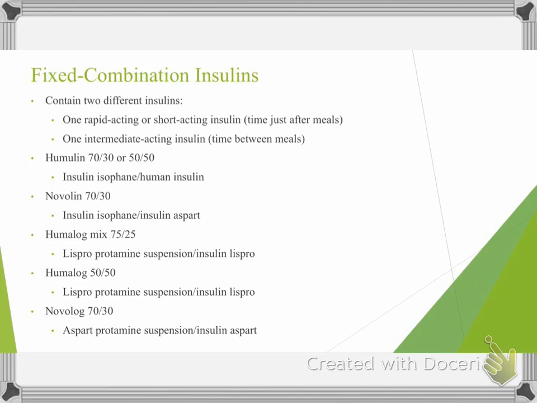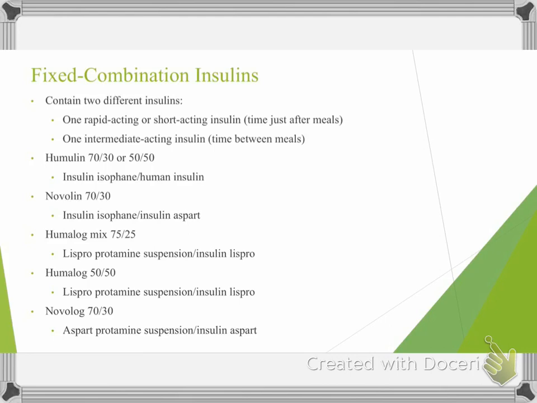You have one rapid acting or short acting insulin, and that's going to be for the time just after the meals and right before, and that would be a rapid acting peak of 1 to 2 hours. And then you have one intermediate acting insulin, which is to provide for the time between meals. So you have a peak at 4 to 8 hours, which should cover the second meal and provide a steady state of insulin.